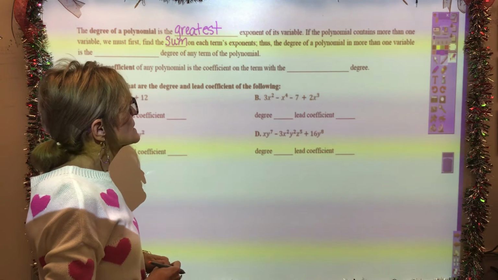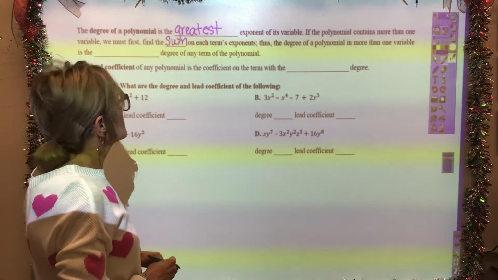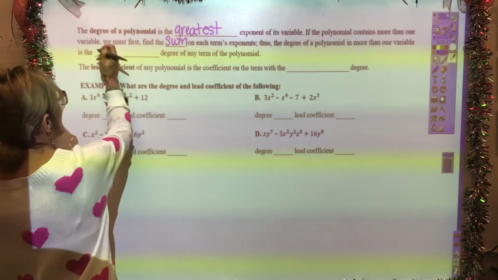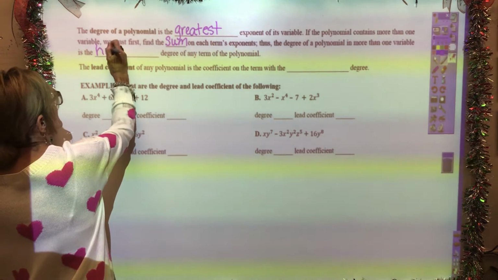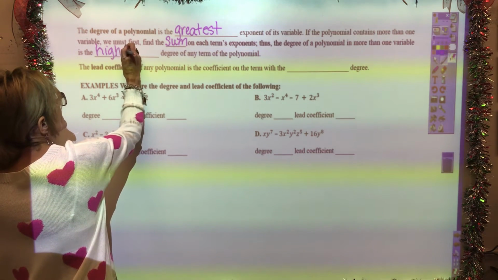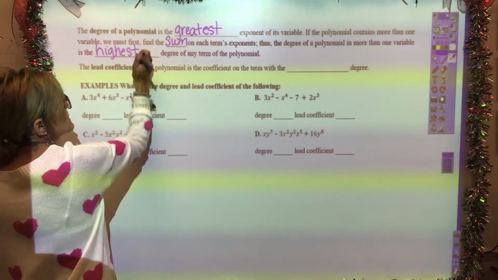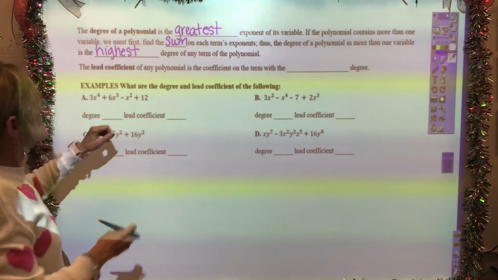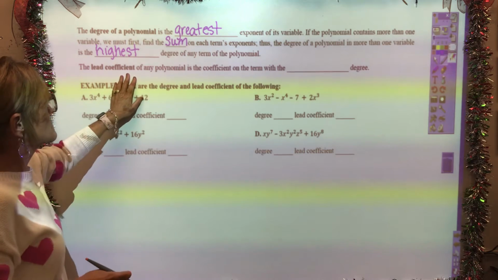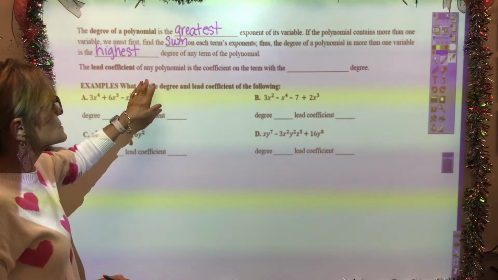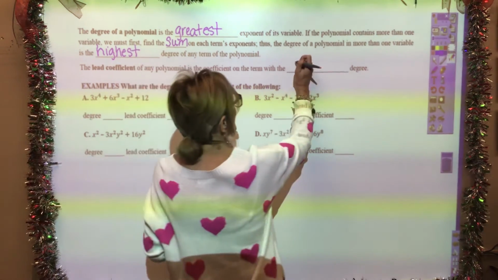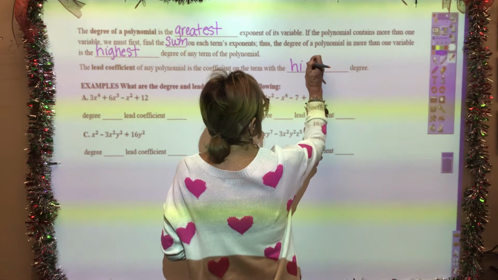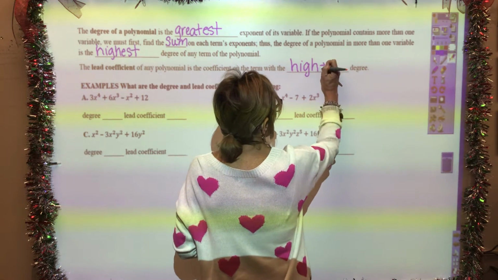Thus, the degree of a polynomial in more than one variable is the highest degree of any term of the polynomial. The lead coefficient of any polynomial is the coefficient on the term with the highest degree.